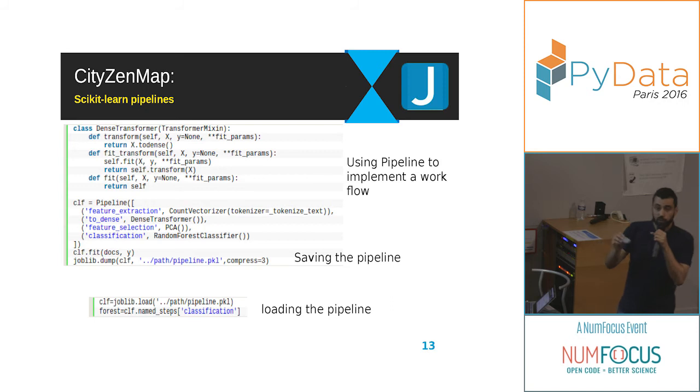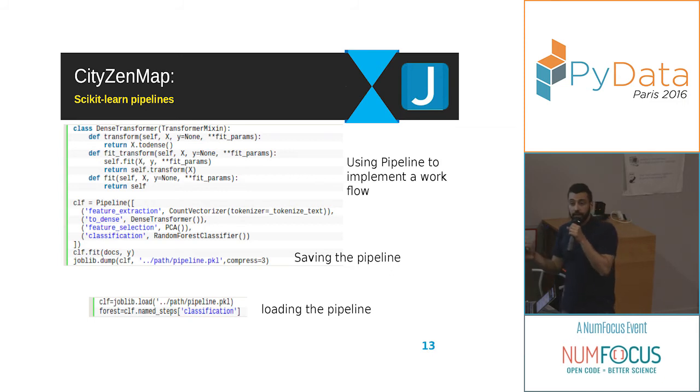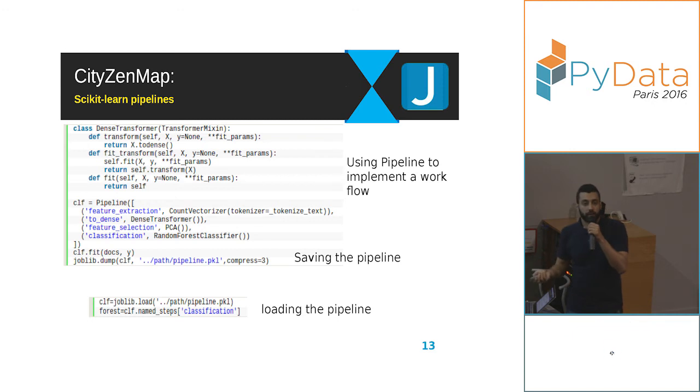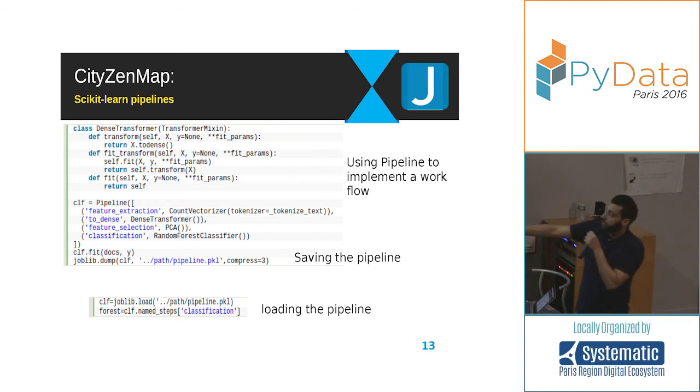It allows us to transform a sparse matrix into a dense matrix, because in scikit-learn there are some algorithms that cannot take a sparse matrix as argument, which is the case of PCA, principal component analysis.